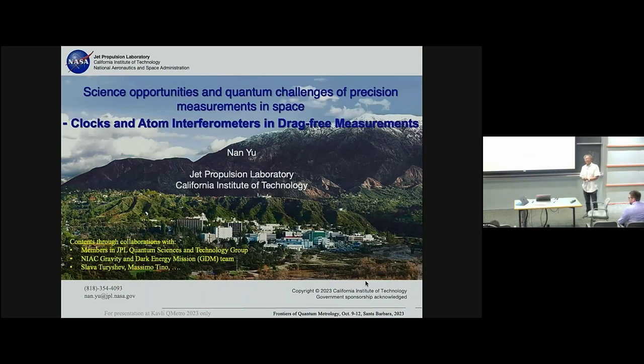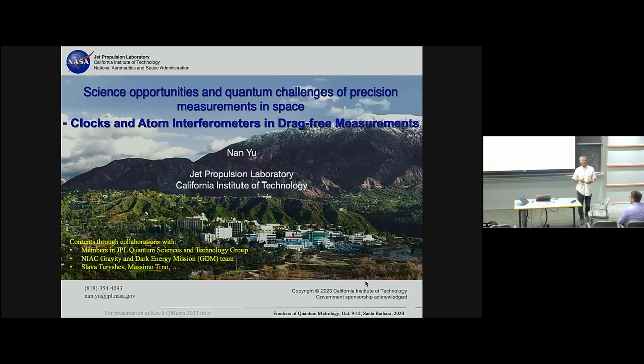When I think about what to talk about with this opportunity, and I look at the agenda, one is that we're supposed to talk about the measurement of gravity, and two, this is probably going to be the last, or one of the last talks about the clocks and atom parameters.